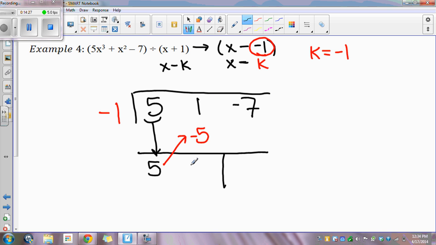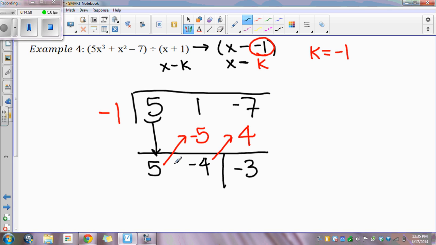Add up the column, you'll have negative 4. One more time, we have to multiply by negative 1. We're left with a positive 4. And then we add up this column. Uh-oh, we have a remainder. So we have a remainder of negative 3.